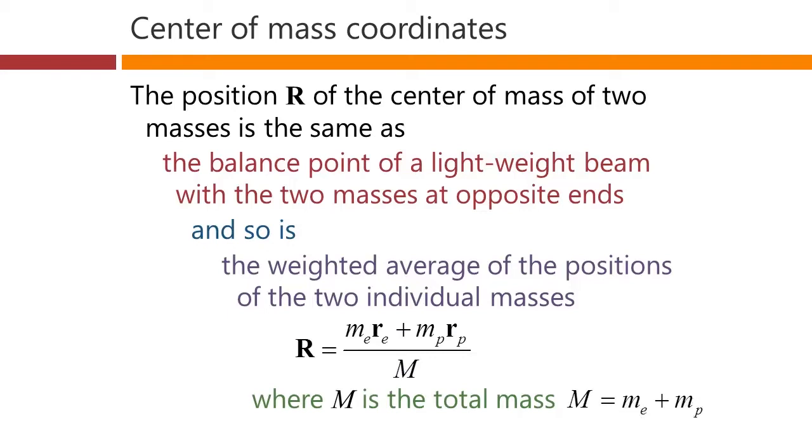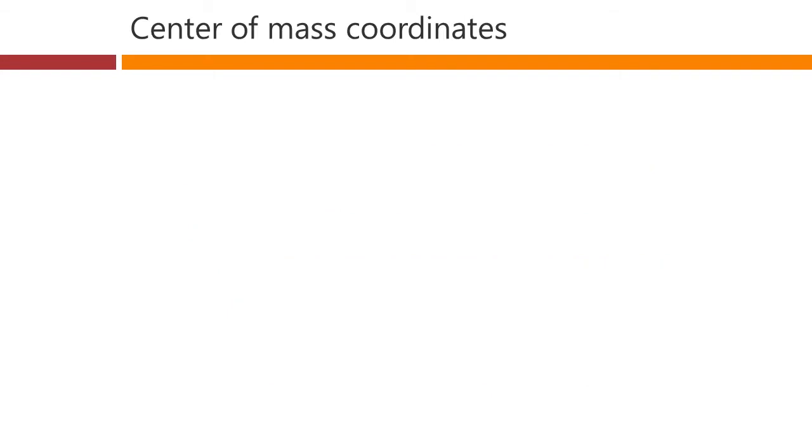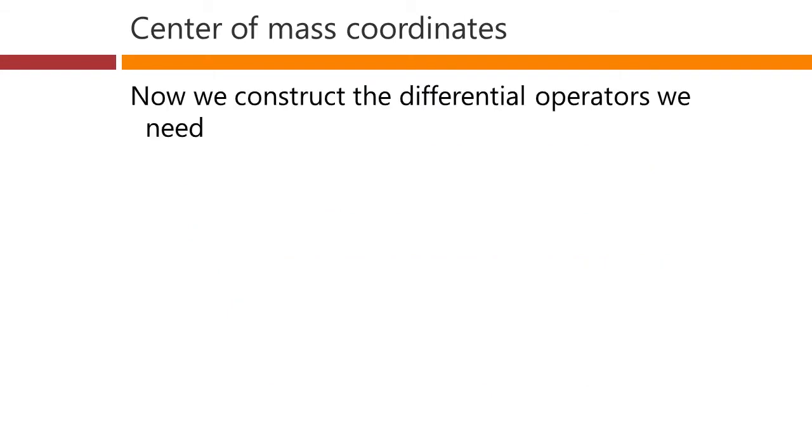So we're going to try to construct our problem with this as the other set of 3 coordinates, the components of this vector capital R, which we believe represents mathematically the position of what we call the center of mass of these 2 masses.